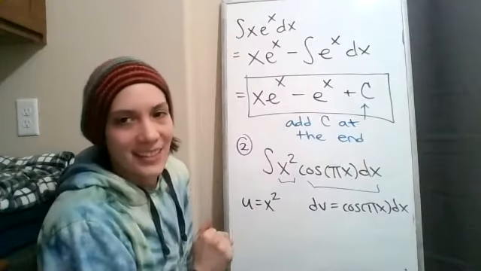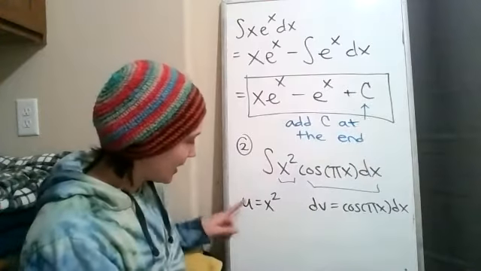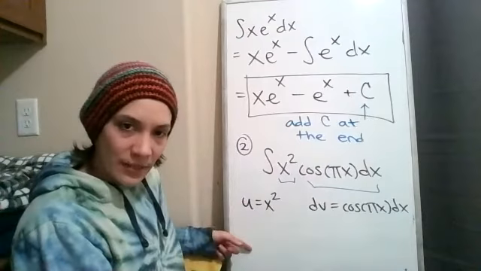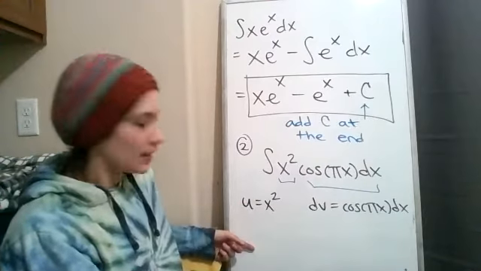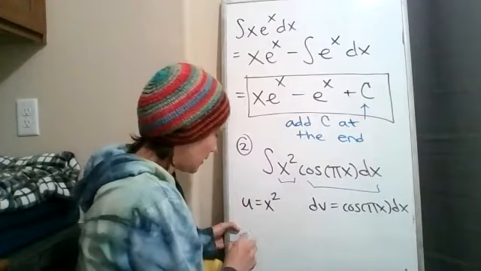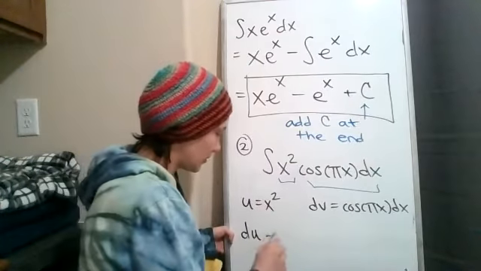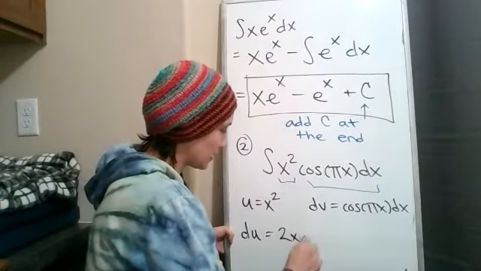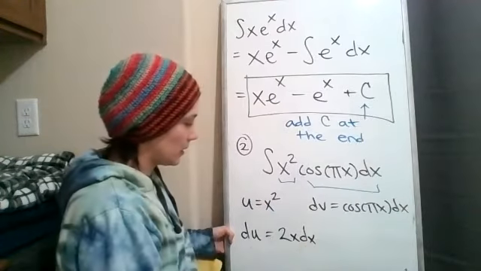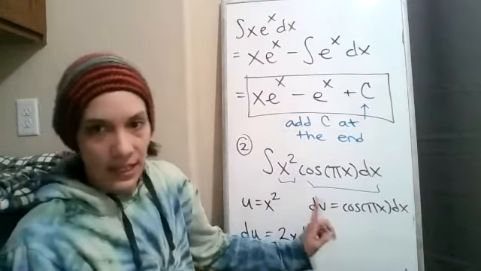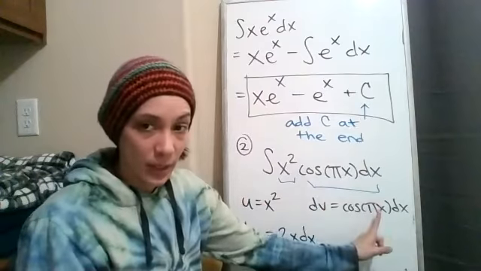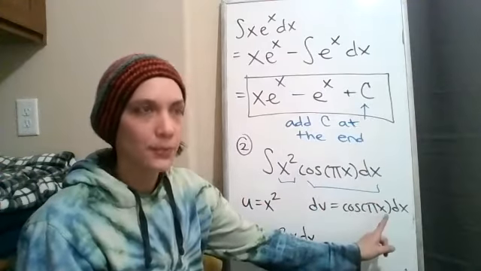Okay, let's go ahead and take the derivative of this side. The derivative will be du/dx equal to 2x, so we'll have 2x times dx. The integral of this side has a u-sub of pi x.